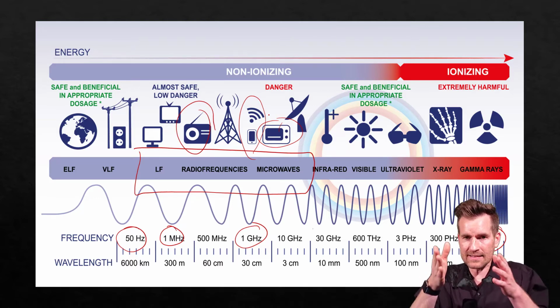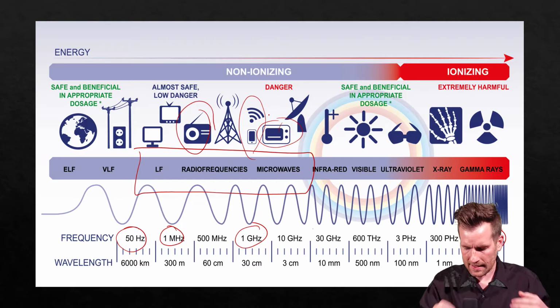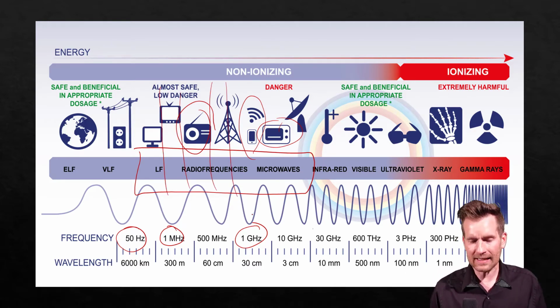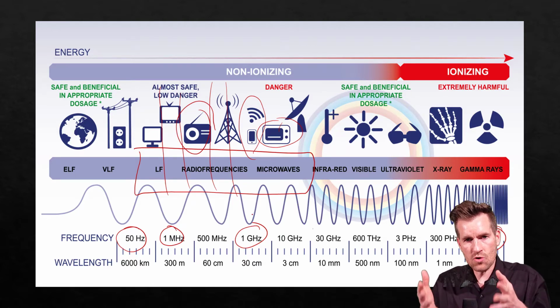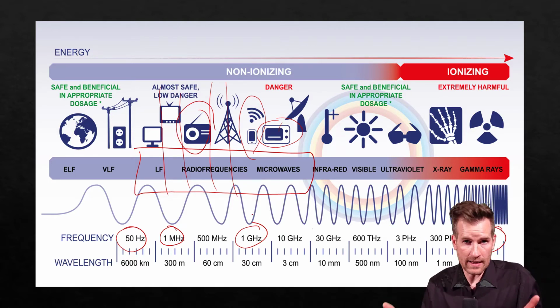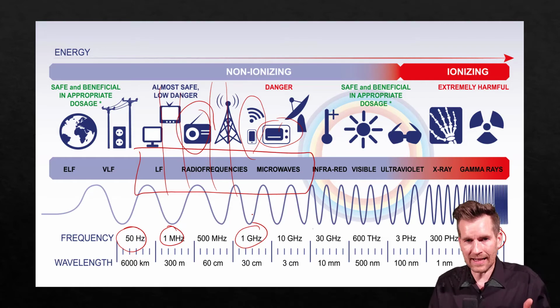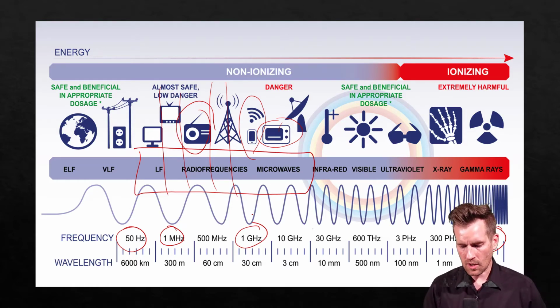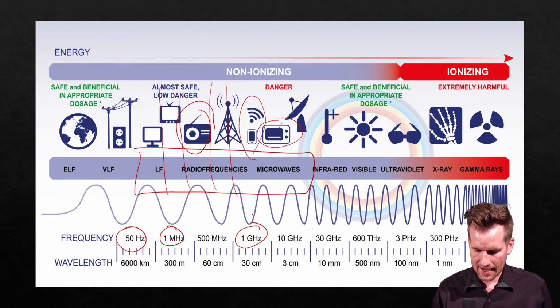They've taken some of these ranges, little slivers within here, and created bands that you can actually do your own thing in, that you don't need a license for. You don't need a license to create certain equipment in it. An example of that is the 900 megahertz range.